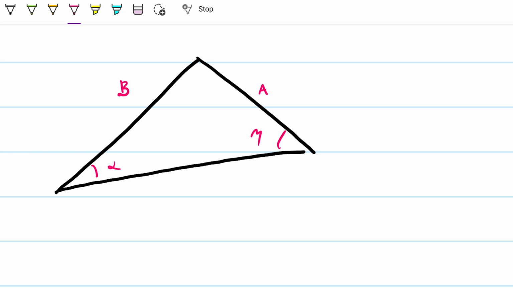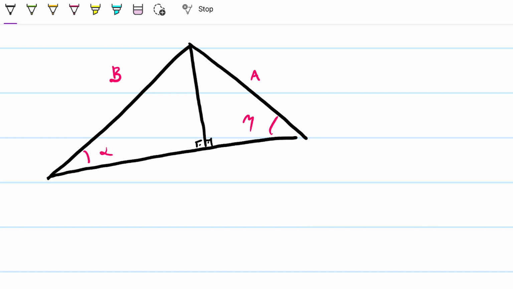And what I can do here is draw a line so that I split this side, a line that makes exactly 90 degrees on both sides, because we know that this is 180 degrees. So I will draw a line that specifically cuts this triangle into two triangles with exactly 90 and 90. Why?